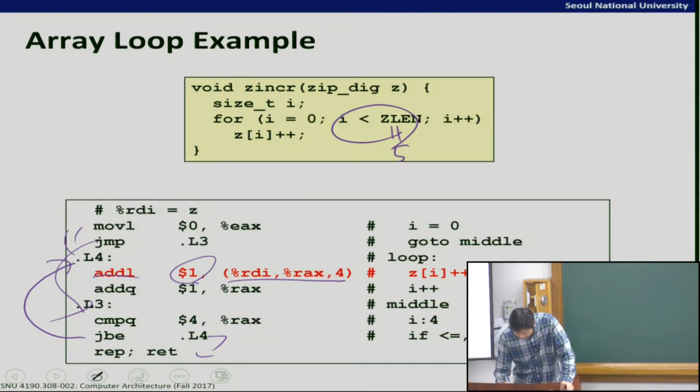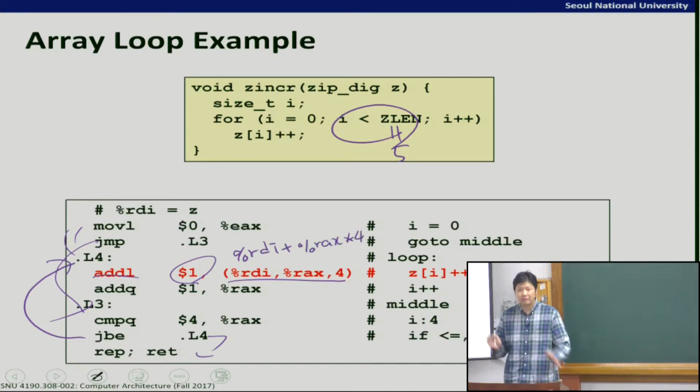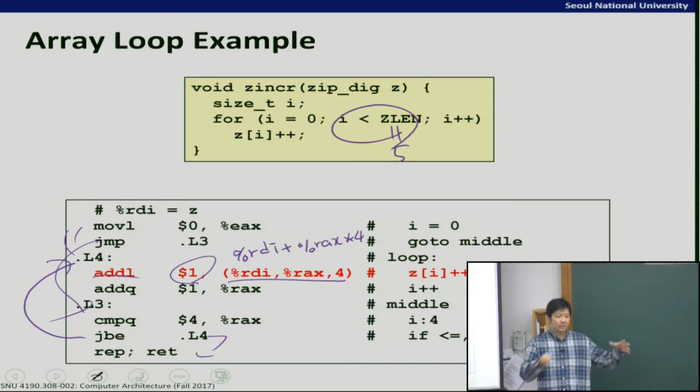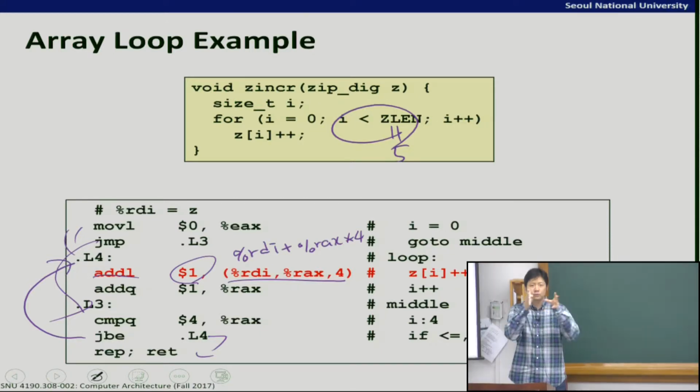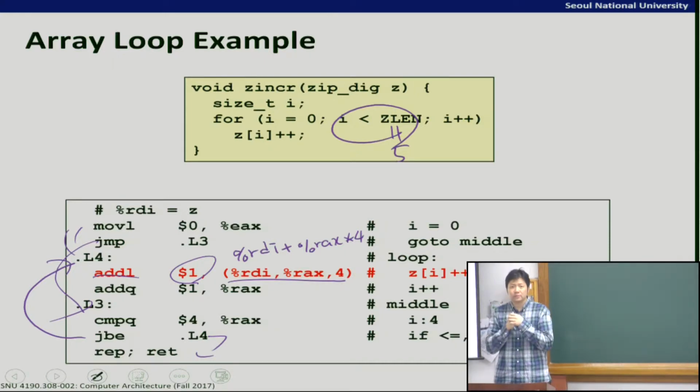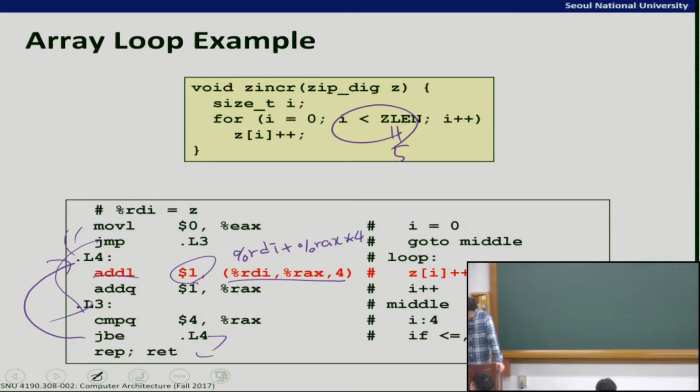The computed address is RDI plus RAX times 4, right? That's the address. So what it does is add the constant value 1 to the value in the memory location RDI plus RAX times 4, and then store the result back to memory.